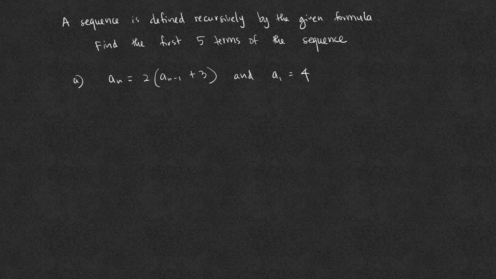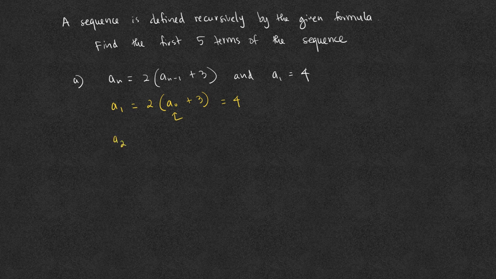Now we will get back to that definition in a minute, but first, a sub 1 is simply 2 times a sub 0 plus 3, because if n equals 1, then n minus 1 has to be 0. Whatever this is, we do not have a sub 0, but at least we know that a sub 1 equals 4. And so we actually do not evaluate a sub 0 plus 3.